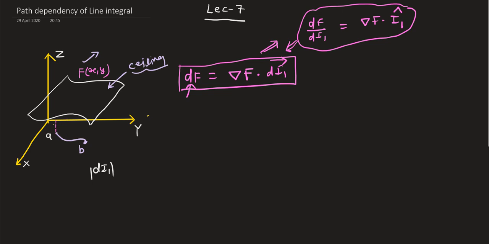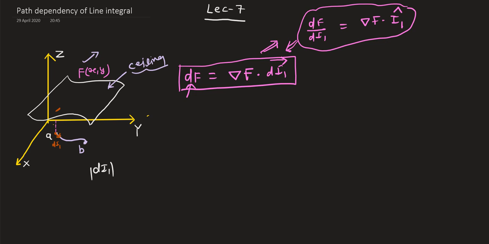So what we can do is, from point A I move an infinitesimally small distance, given by dl1, and we find some change in the height of this function.